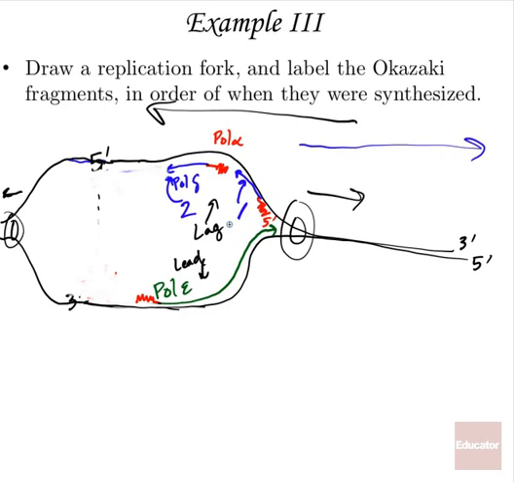We still have this is our 3', this is our 5'. But as the helicase is going in the other direction, this means we have a switch of the lagging and leading strands.